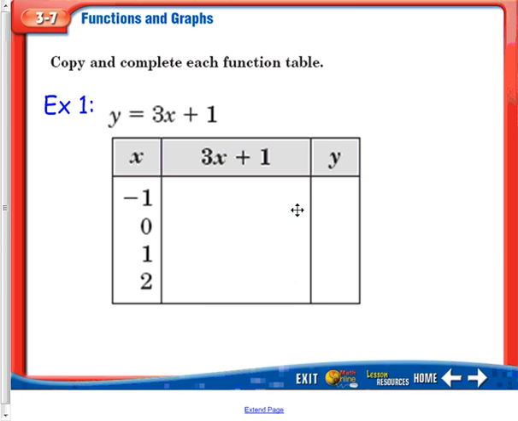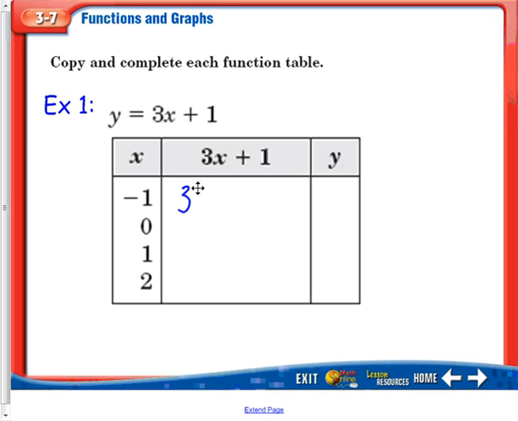So looking at example 1, it says copy and complete each function table. So here is the function that we're given, y equals 3 times x plus 1. Looking at our table, it's giving us certain x values. We remember when we called those domain values. So we're going to plug those numbers in.